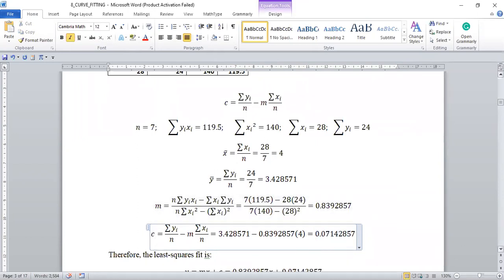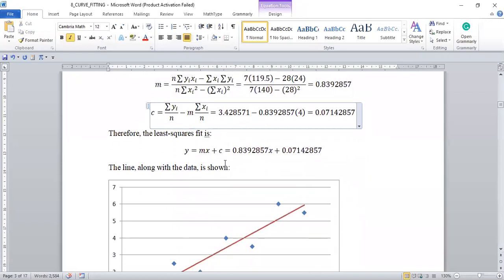Therefore, the straight line, the least squares fit, is given by mx plus c. We got the value of m as 0.8, and our value of c was 0.07. So this is the line that provides the best fit for the data.